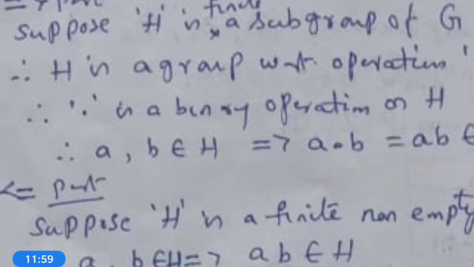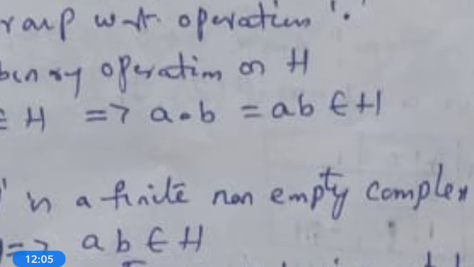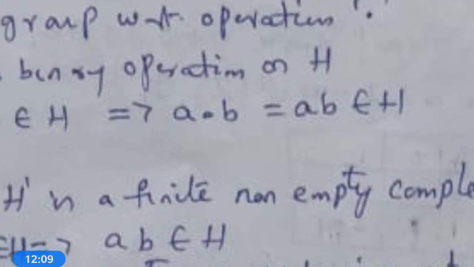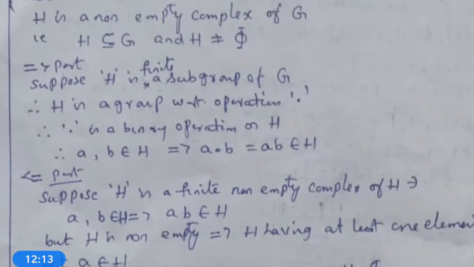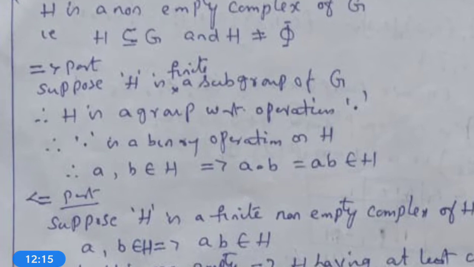Therefore, a, b belongs to H implies a into b belongs to H. What is a into b? ab. ab belongs to H. So, the necessary part is proved.